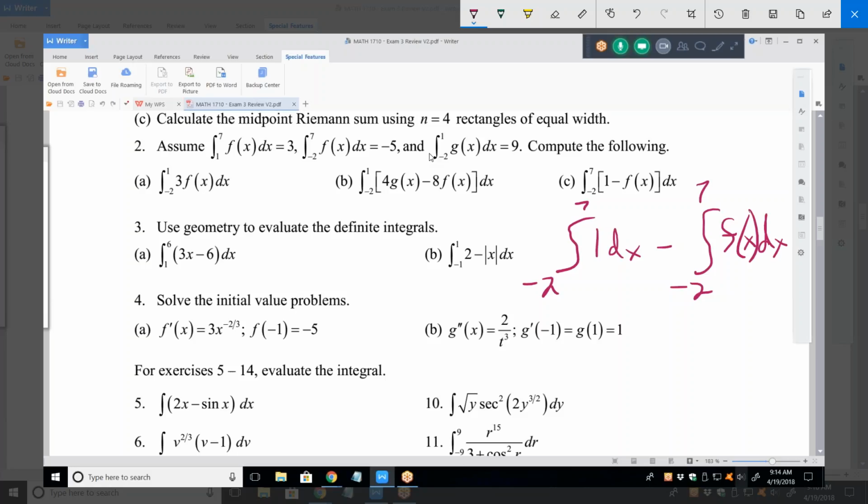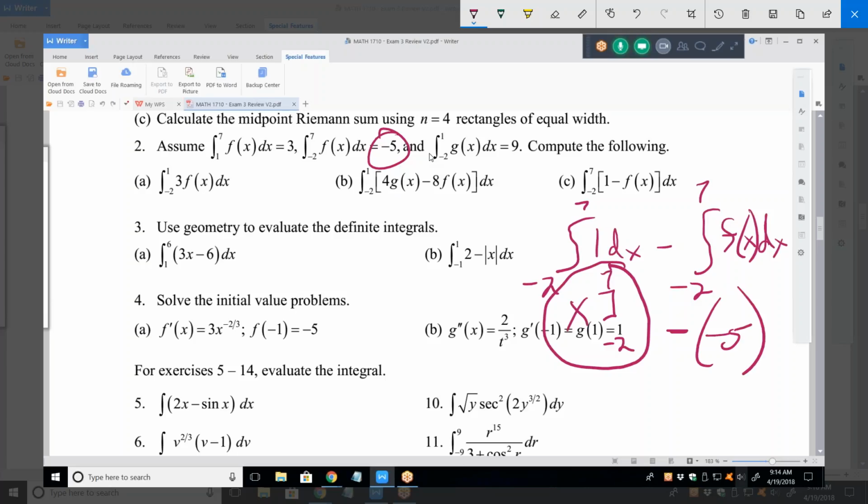And the way you know that is that the derivative of x is 1. So we're going to evaluate that. And then we're going to subtract a minus 5, correct? Yes.